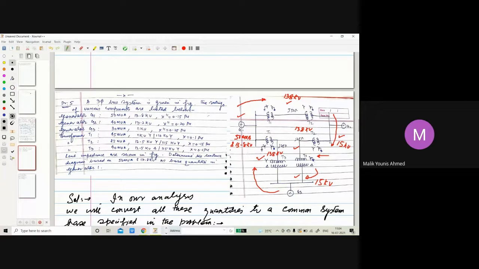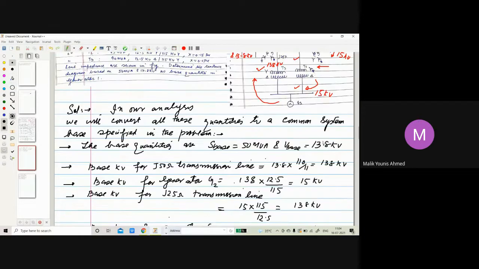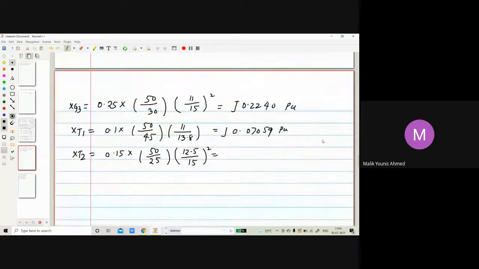Then the base kV has to be 15, because 12.5 is on the secondary side of this transformer, as we know. Primary side is 138 here, near to 115, and secondary side is 15, which is near to 12.5. That's why I have used 12.5 by 15. So that value comes out to be j0.2083.